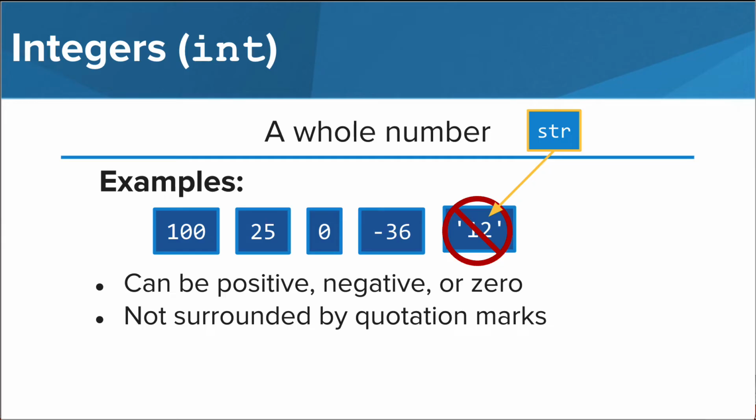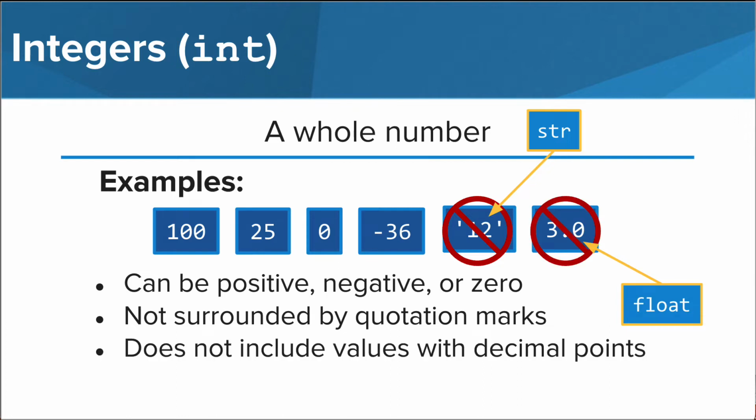Integers are not surrounded by any quotation marks. What about this value? Well, integers have to be whole numbers, so if there is a decimal point included in the value, it is actually considered a floating point number, which we'll talk about in a second. Integers do not have decimal points included.